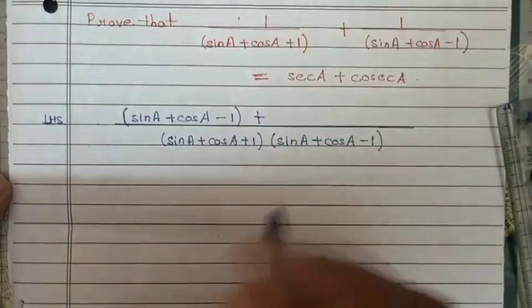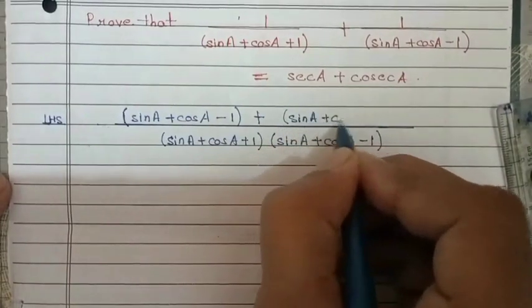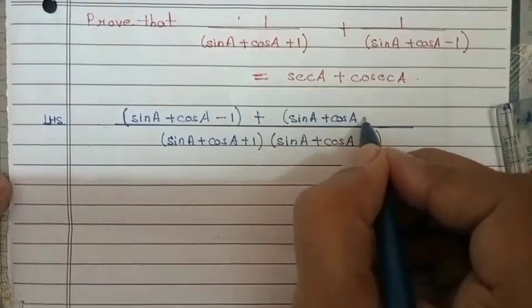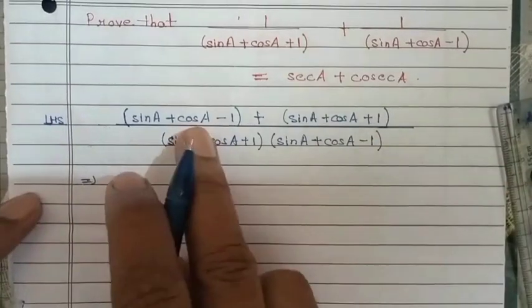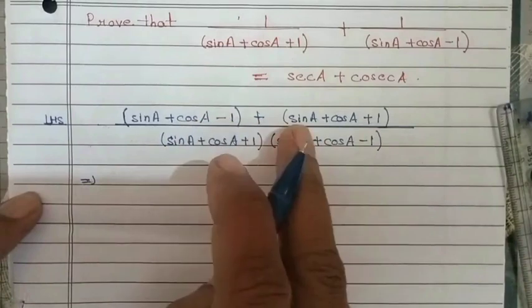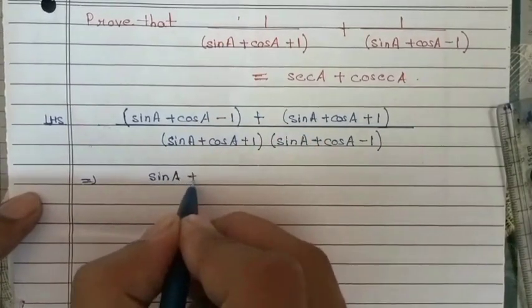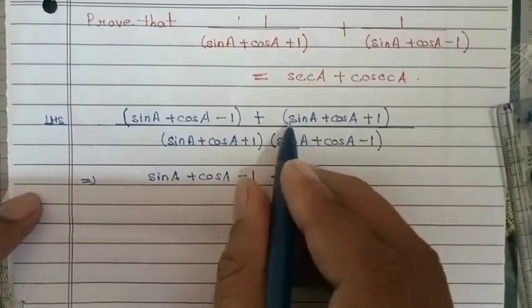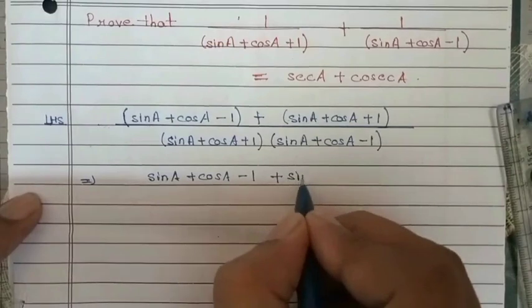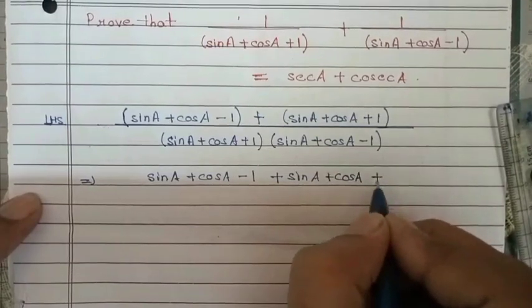This will be multiplied in the numerator part. So now we will open the bracket here. Sine A plus cos A minus 1. You open this bracket, you will be getting sine A plus cos A plus 1.